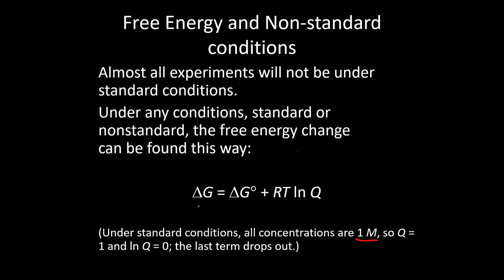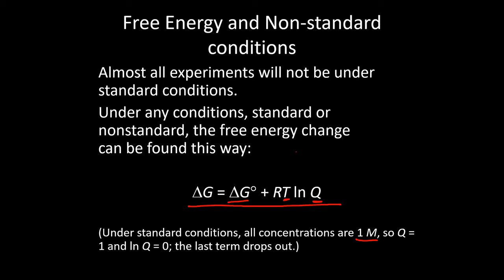And we're going to find that using this equation right here. This equation will allow us to find the Gibbs free energy value for any reaction at any non-standard state, as long as we know the standard Gibbs free energy, the temperature at which it's taking place, and then Q, which, if you remember, is the reaction quotient.